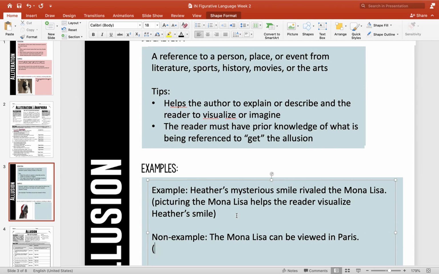So it's just a regular sentence. It's not figurative language at all. So let's go ahead and write that in here. This sentence states a fact about a painting, but doesn't use it to explain or compare.